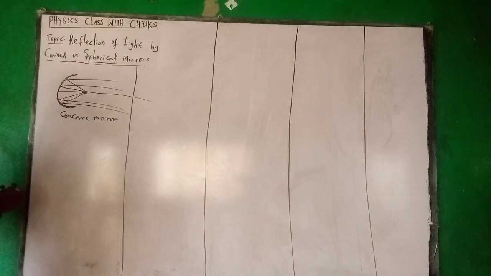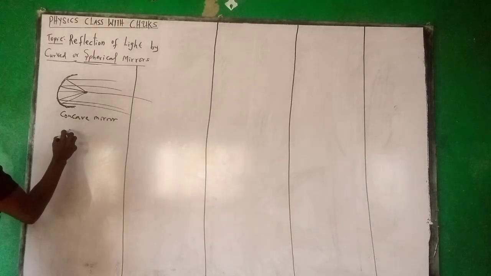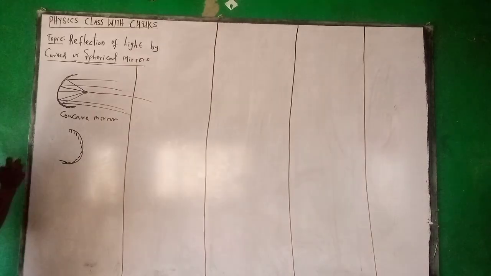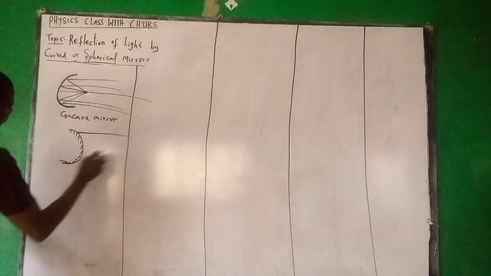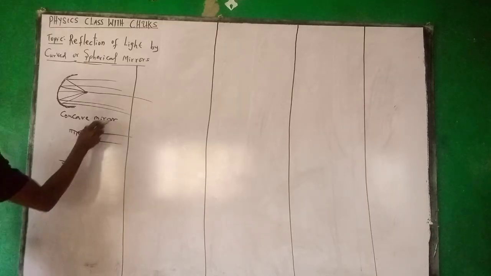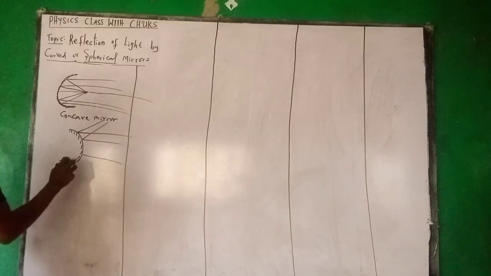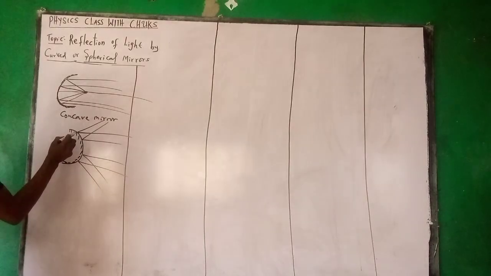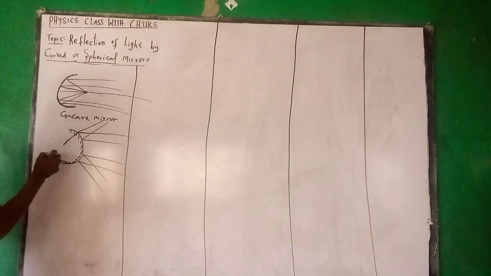But if the inside is coated or silvered like this, such that the outside of the mirror becomes the reflecting part, and if I trace the reflected rays, I am going to get a virtual focus here.